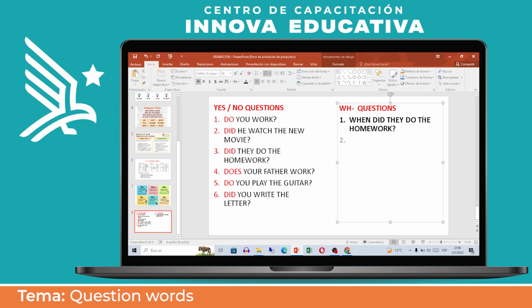And I also want to know a qué hora. Y también quiero saber a qué hora. What time? No se olvide. A question word. Don't forget. What time? When you use what time, it means cuando preguntamos a qué hora. What time?